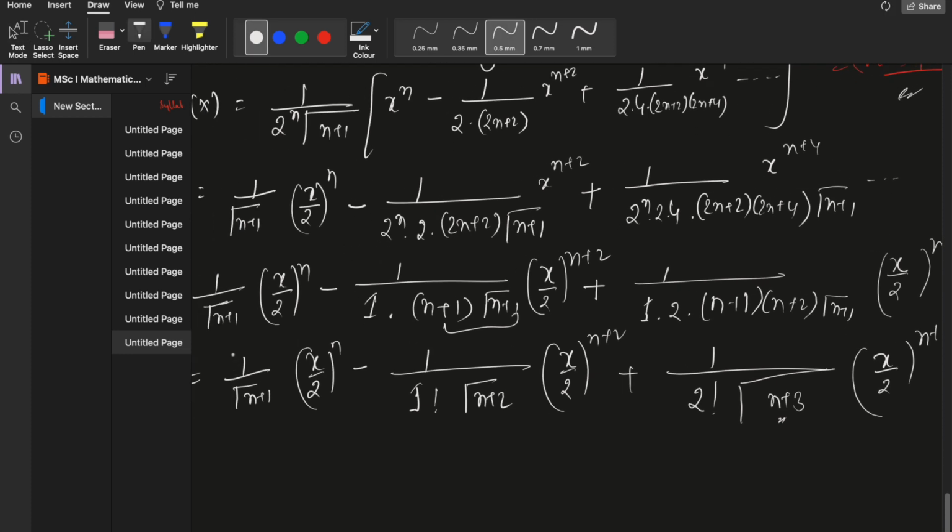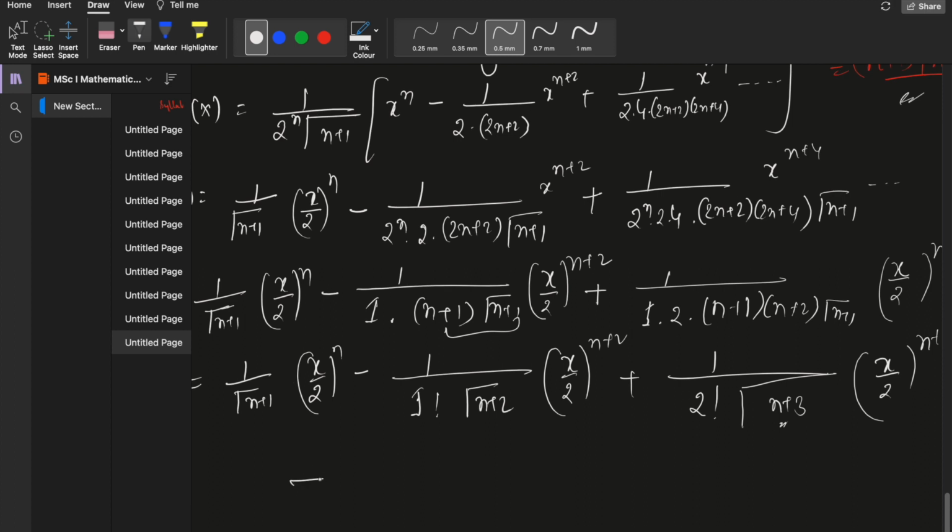All right, so if you want to sum these up, gnx can be written as summation r tends to 0 to infinity. The first term is positive, then negative, then positive. So alternatively, we will have minus 1 to the power r. First is factorial 0, factorial 1, factorial 2, factorial 3, so I can write factorial r.